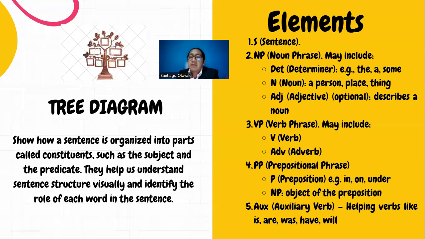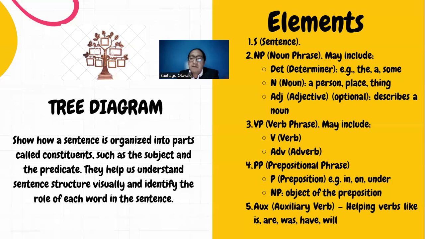In the noun phrase, we have a determiner, for example, the, a, or some, and the noun, which will be a person, place, or thing. And optionally, we also have an adjective, which is represented by the letters A, D, J. It serves to describe a noun.